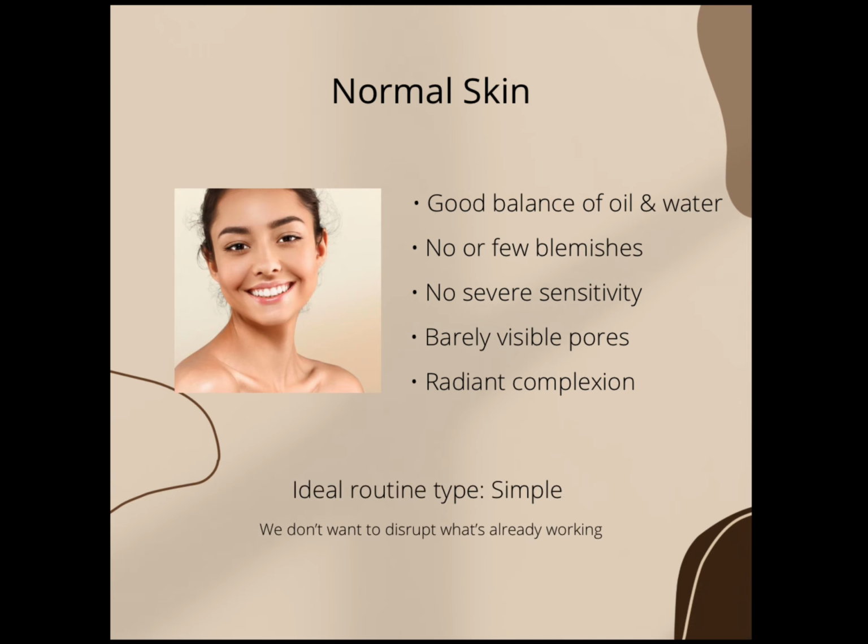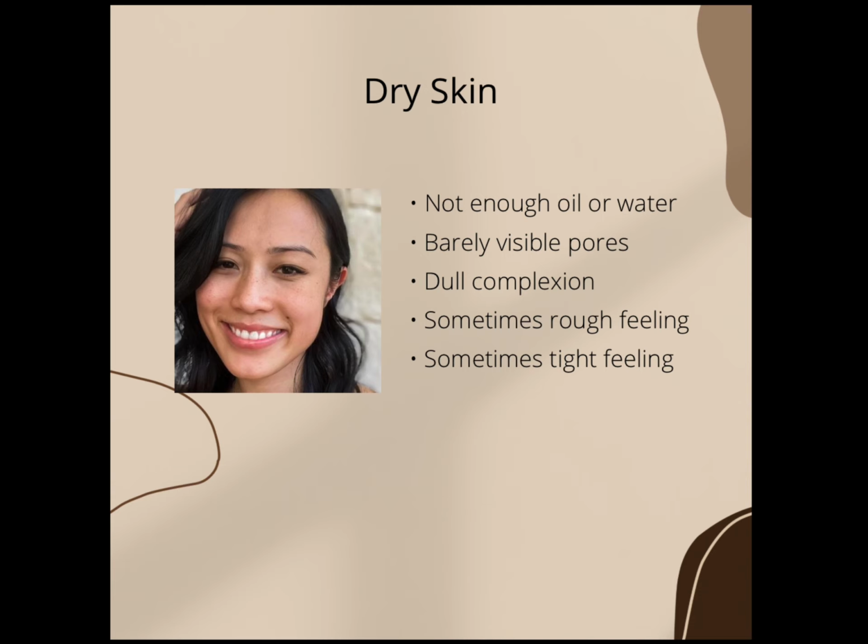Dry skin tends not to have enough of the moisture content or oil production. While the pores may not be super visible, there is a kind of dullness to the complexion, and it can be slightly rough to the touch. When dry skin is washed, sometimes it can feel very tight and look a little bit shiny within moments of washing.